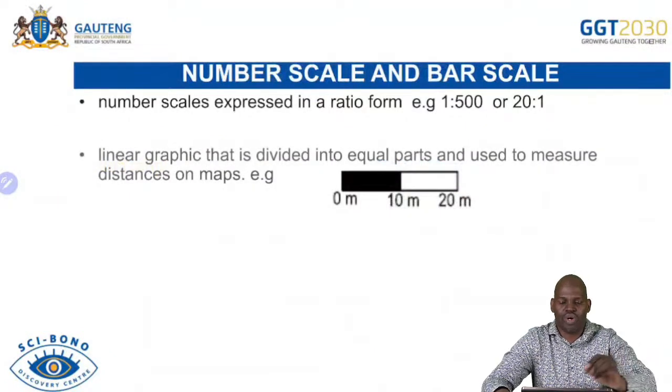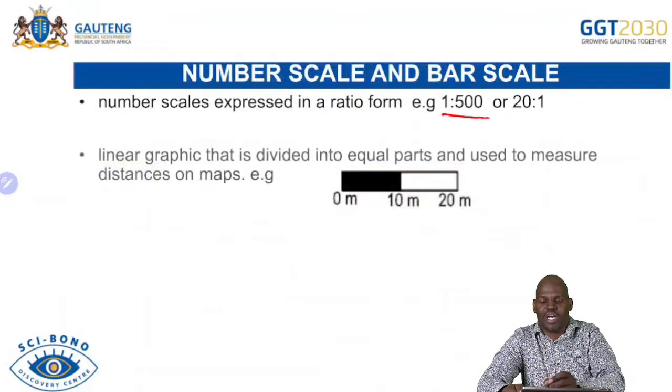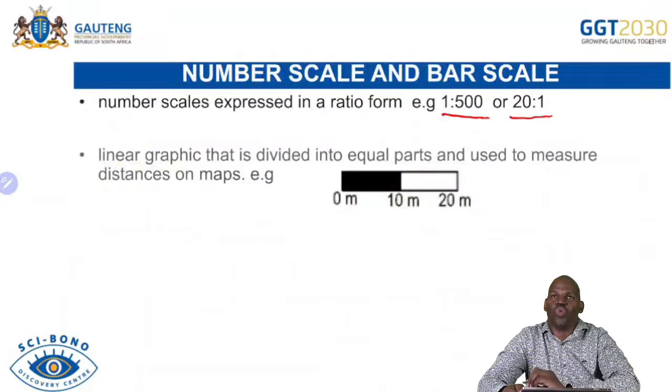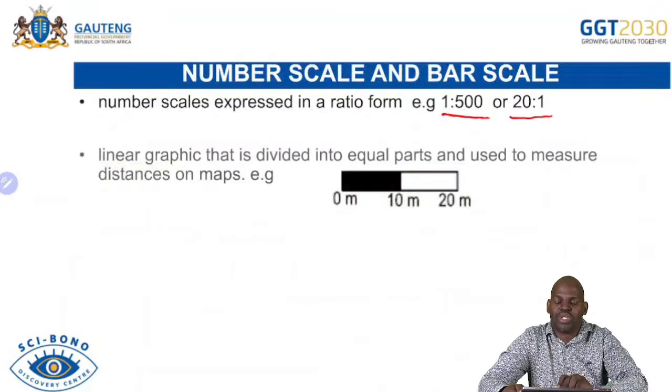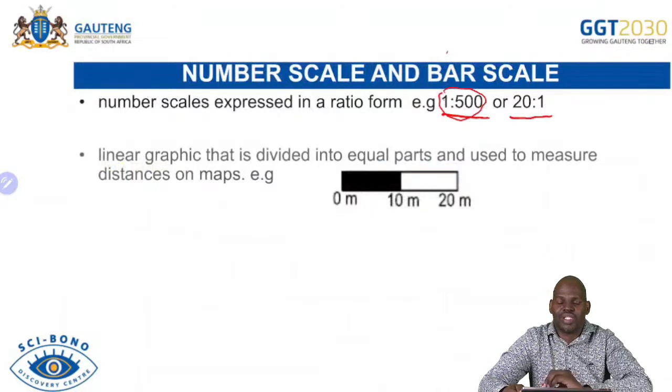Okay, then here we've got an example of number scale and bar scale. The first one is number scales, which can be expressed in a ratio form. We've got 1:500, or we've got 20:1. So it's possible that the number on the left-hand side is smaller than the number on the right-hand side.